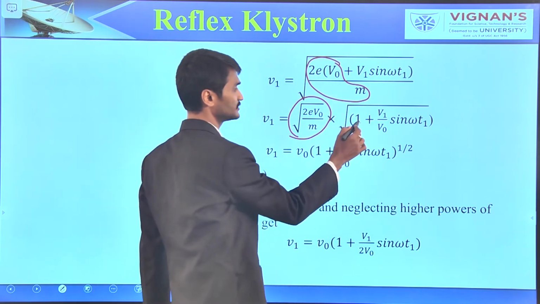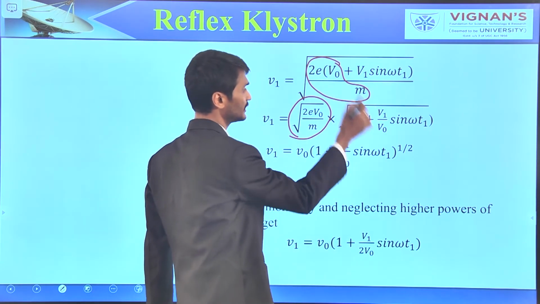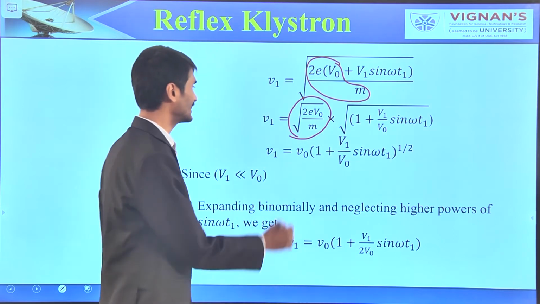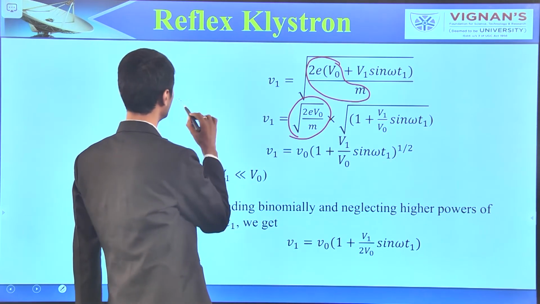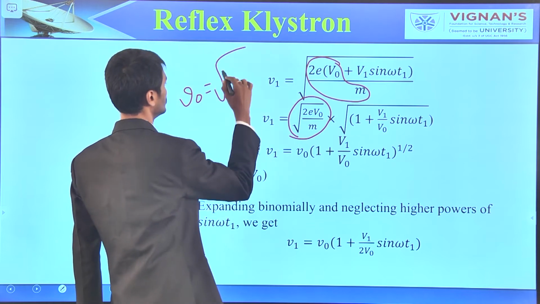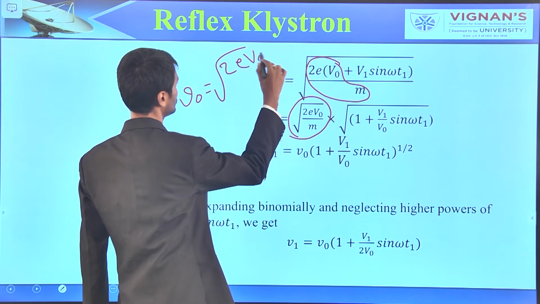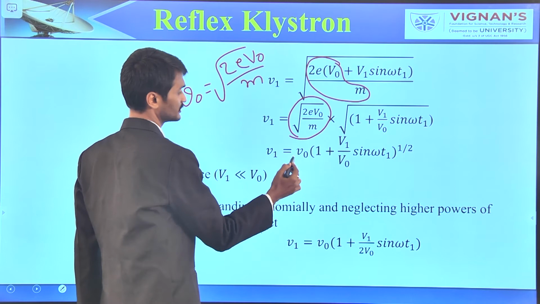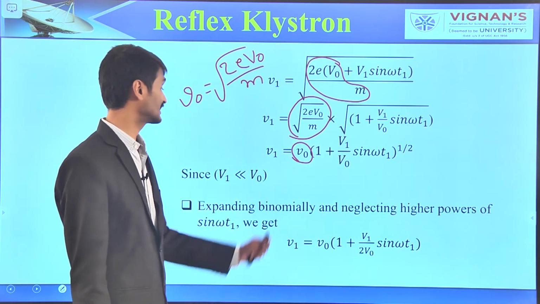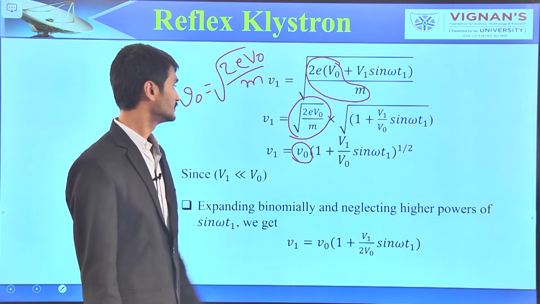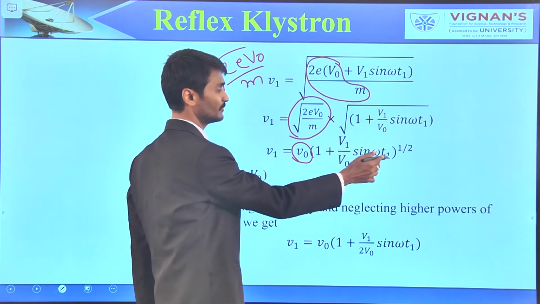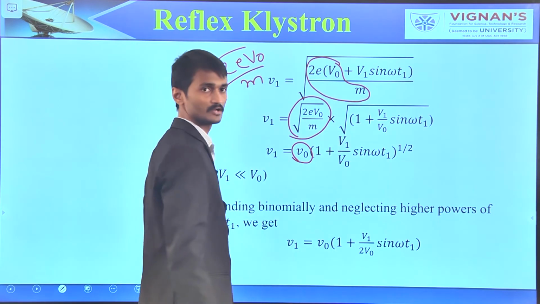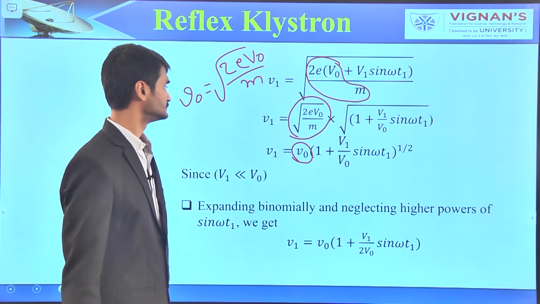What remains is 1 plus V1 by V0 sin omega t1, since V0 is taken out as common. We already know that the square root of 2eV0 by m is the electron velocity in the gun, v0. So v1 is v0 into 1 plus V1 by V0 sin omega t1, whole power 1 by 2.